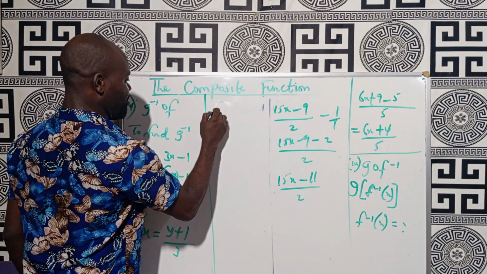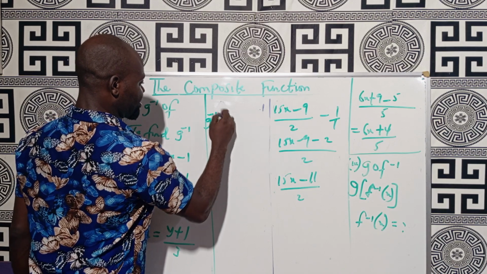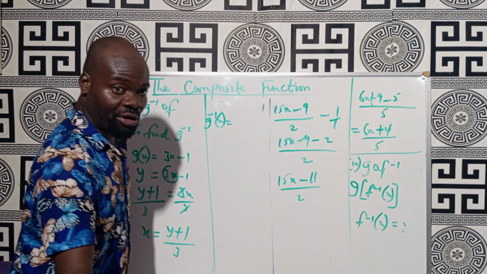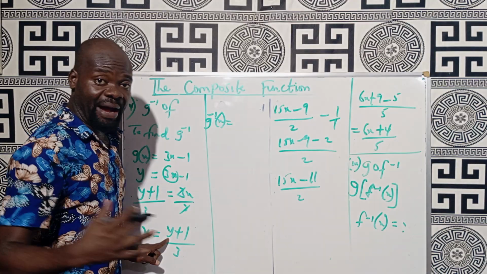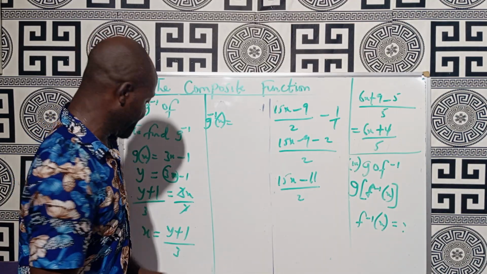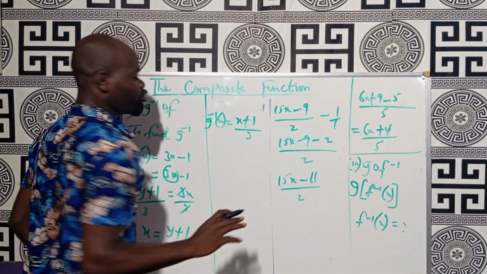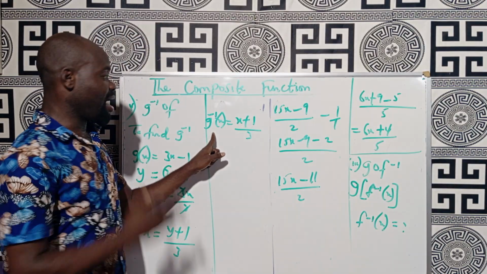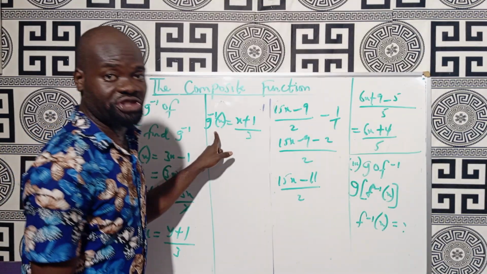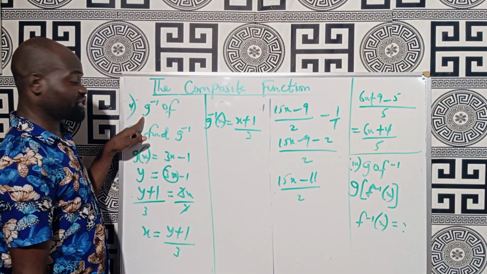So your g inverse of x is what? According to the rule, whenever you see y, you remove it and put x. That's the final step. So that's x plus 1 all over 3. So we have gotten our inverse of g, which is going to be our base function.